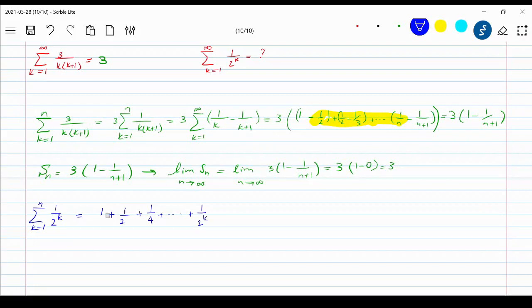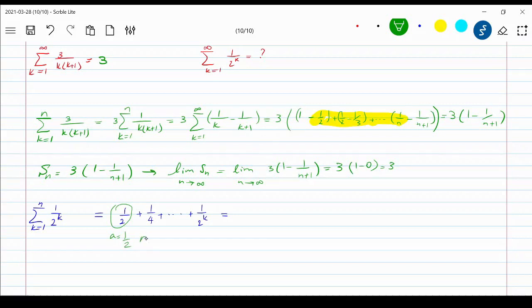Sorry, this starts from 1 half, not 1. 1 half plus 1/4 plus. So what kind of sequence is this? It is a geometric sequence where the first term is 1 half. So a, maybe I should mention, a is 1 half.